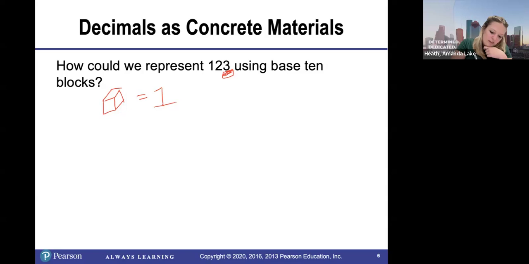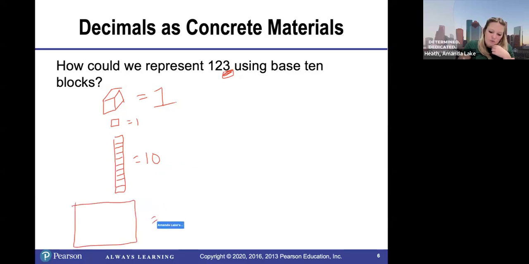I'm going to draw it as a square because I can't draw three-dimensional bars. If a little block is 1, then a bar with 10 of these will represent our 10's place, and the big block will represent our 100's.